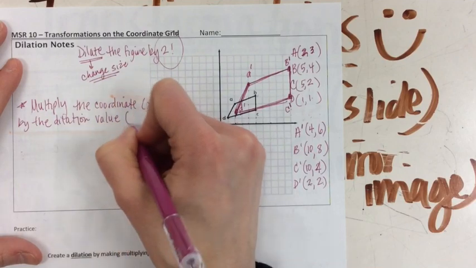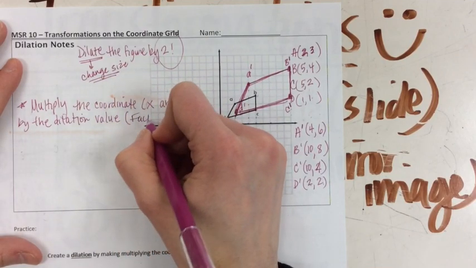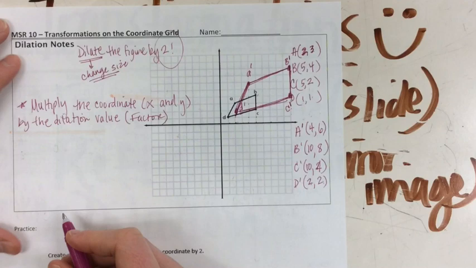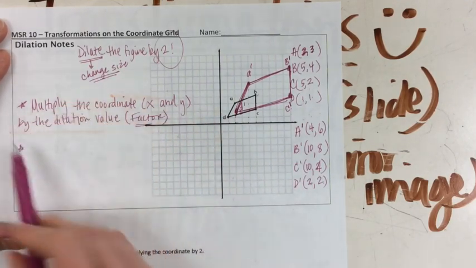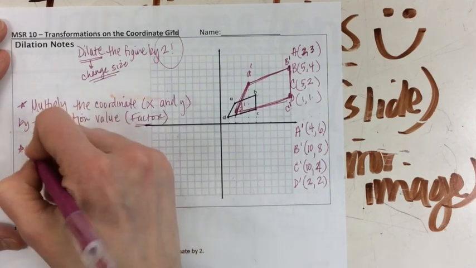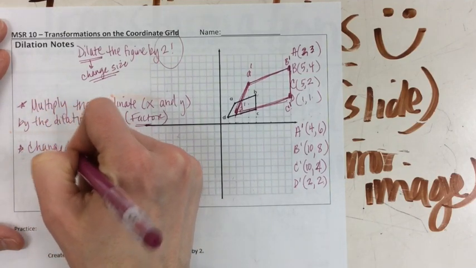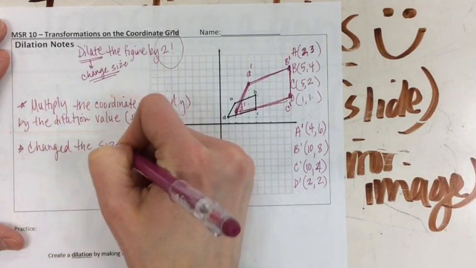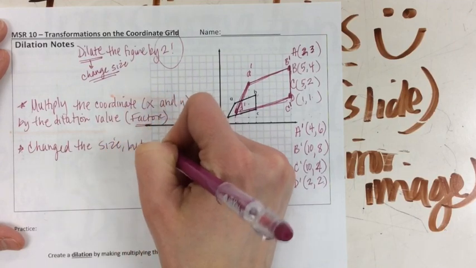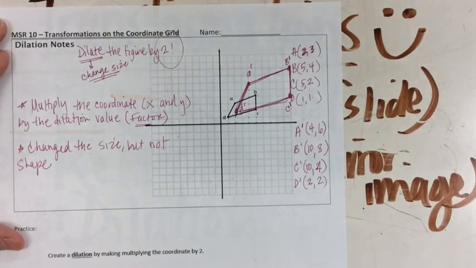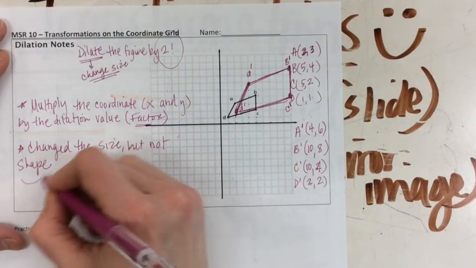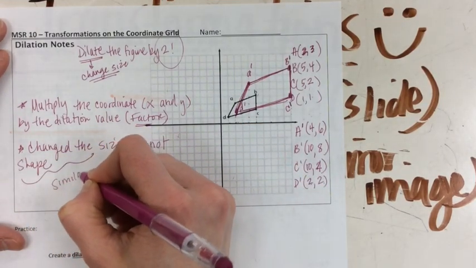And sometimes that's called the factor, just so you're aware. Okay, and then, which kind of has to do with multiplying. So we multiply by that, and then it changed the size, but not shape. And so we actually call this similar.